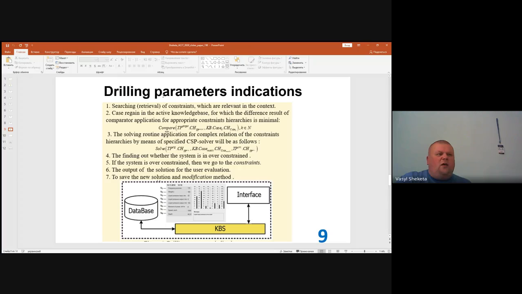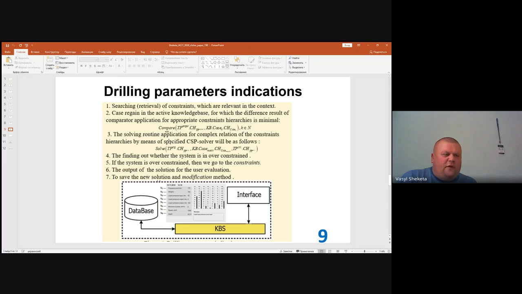The 7 steps allow going from the retrieval of constraints and case retrieval to activating knowledge-based entities, and on the next step is the solving routine, because a lot of cases doesn't mean that the solution is ready. It's not ready. It needs to be found by way of application of a solver.